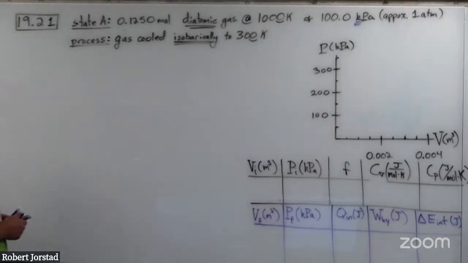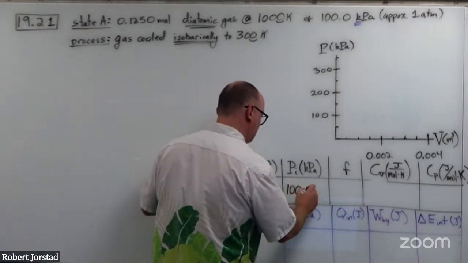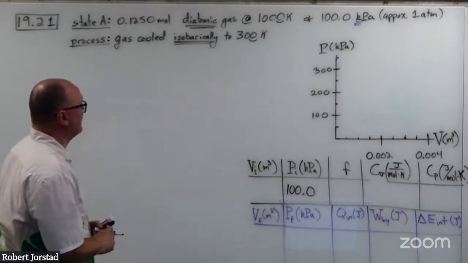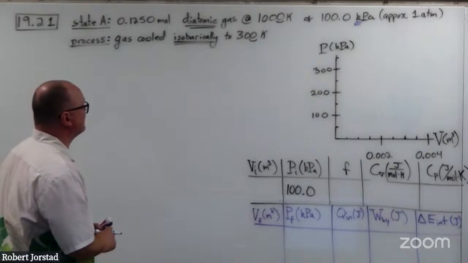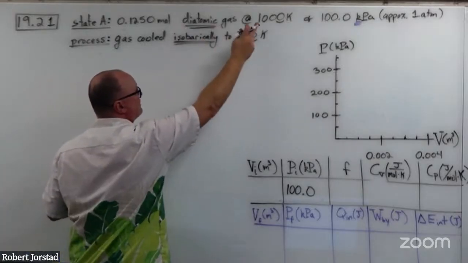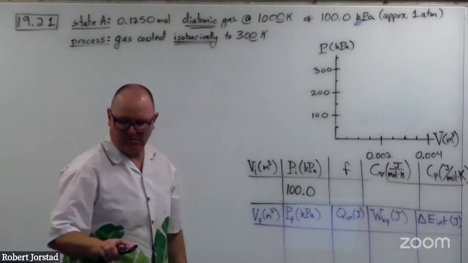So in this case, I've got the initial pressure, right? And then look at the temperature range and the type of gas. It's diatomic in this temperature range.